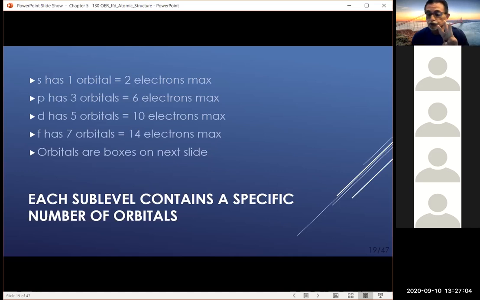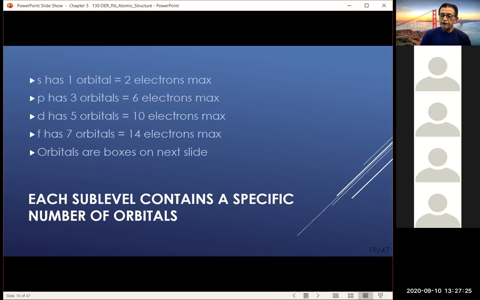The P's, there's 3 types of P's. In the 3 dimensions X, Y, and Z, there are 3 orbitals designated as the P. Each one can handle 2 electrons, so at the maximum, we can put 6 in any P orbit, okay?